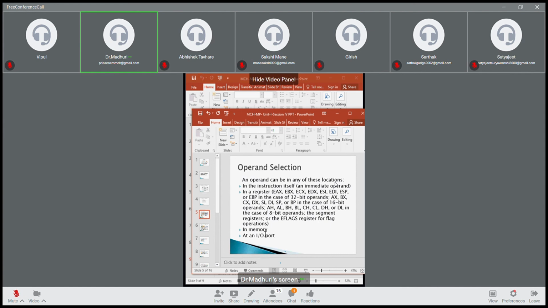And these operands may be from the IO port also. IO port means input output port. Madam, what is an input output port? That will be related to your 386 processor. Through the input port you can give the input, and from the output port the processor will give the output.